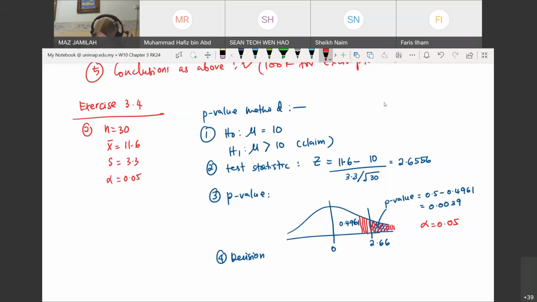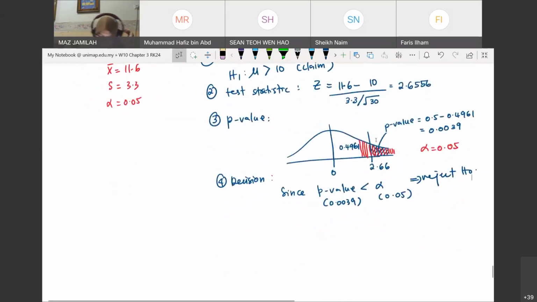Since my p-value is inside my rejection region, that's why we make the decision. Since the p-value is smaller than the alpha, where the p-value is 0.0039 and my alpha is 0.05, then reject the null hypothesis.